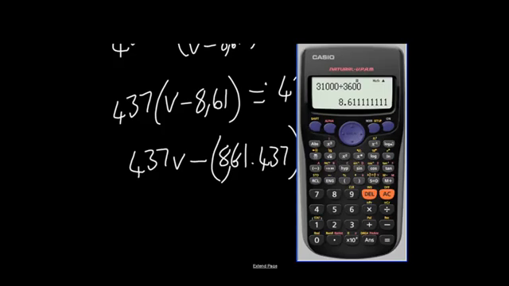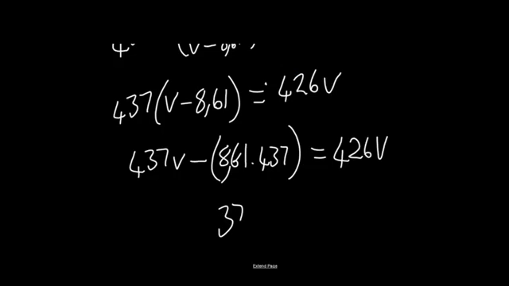Okay. Let's do the calculation bit. We're going to say 8.61 multiplied by 437 equals 3762.57. So 3762.57 is equal to, now, have a look here.